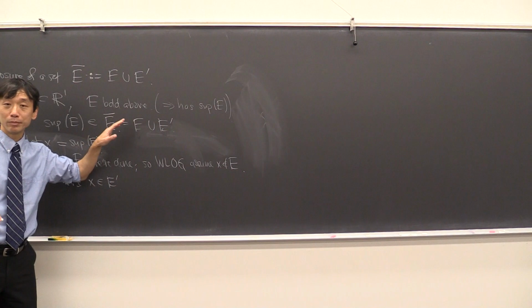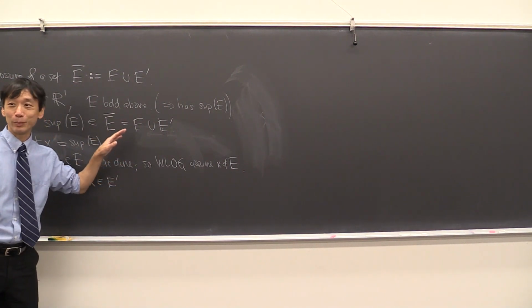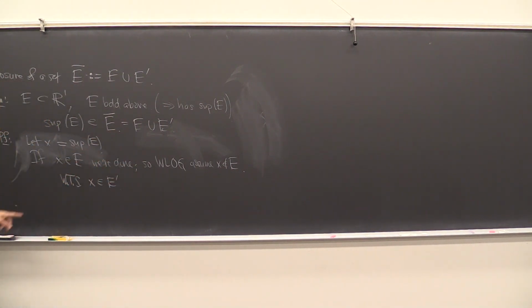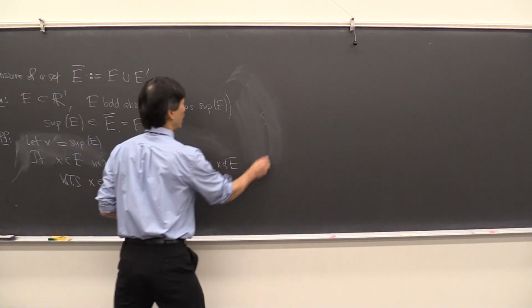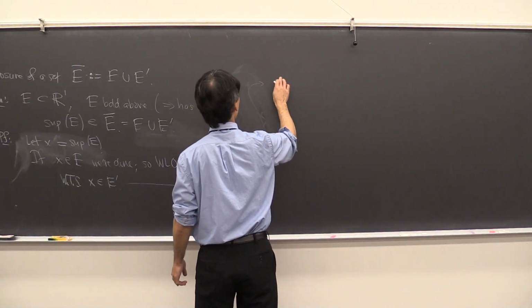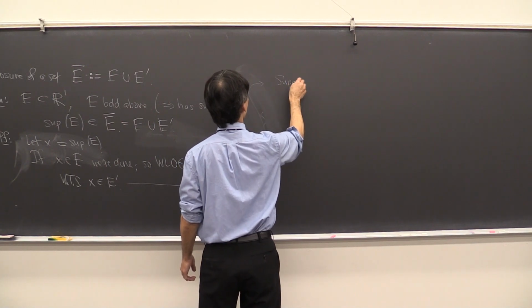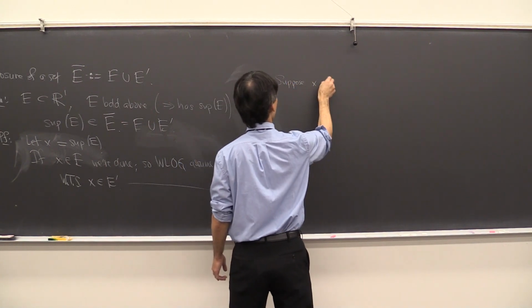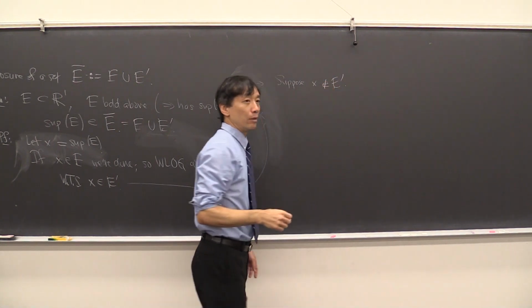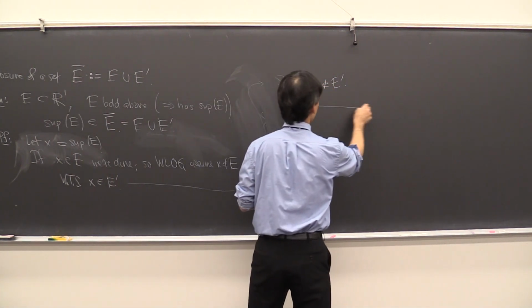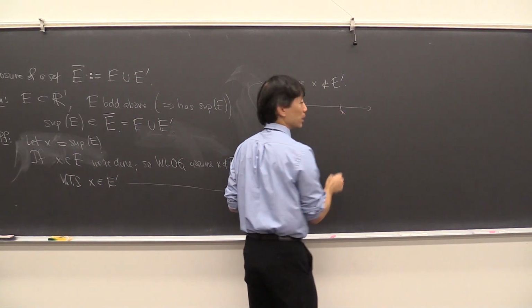Everybody okay? You guys awake? Yes. Good. We'll do it by contradiction. So suppose X is not a limit point. If X is not a limit point, what does that give you?